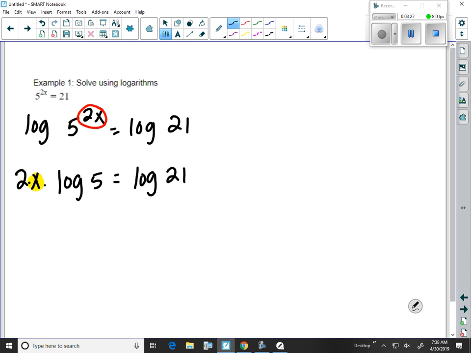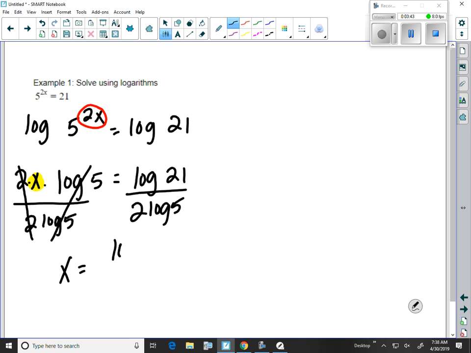We divide. So we're going to divide by 2 log 5. So our 2 will cancel, our log 5 will cancel, and we're left with x. Now we have our fraction.